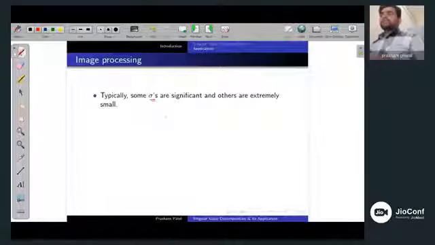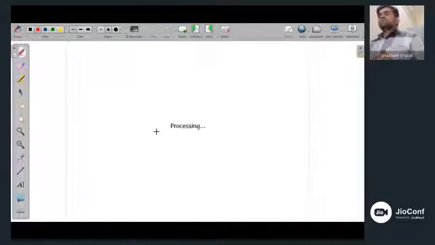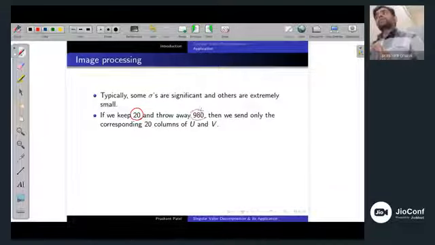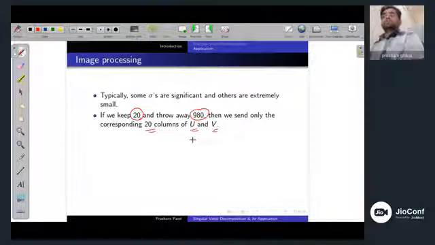Typically, a few singular values are significant and the others are extremely small. So if we keep only 20 singular values and throw away the 980 other singular values, we only need to send 20 columns of U and V to the earth, and 20 singular values.